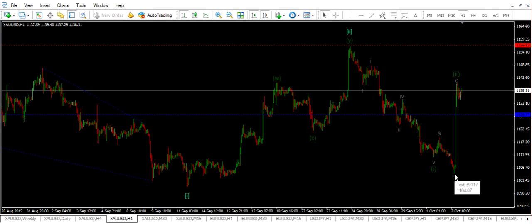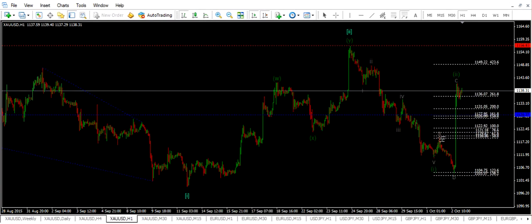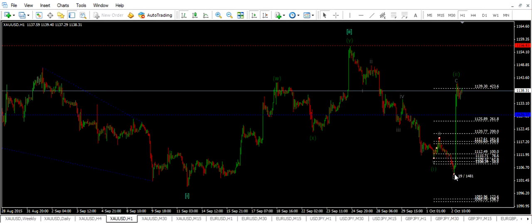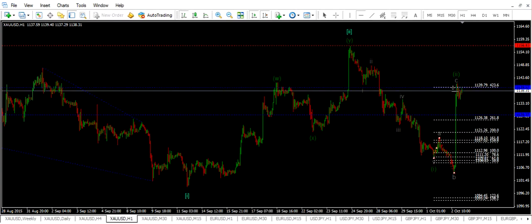So this wave C here is about 4.236 times wave A, and we can use our Fibonacci tool here, put it at the end of wave A, then the beginning of wave C. You see here, have it there nicely, 423.6, that is 4.236 times wave A.